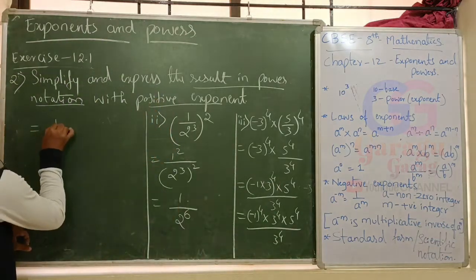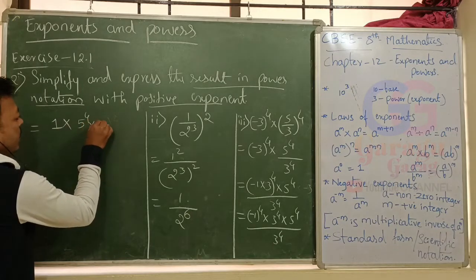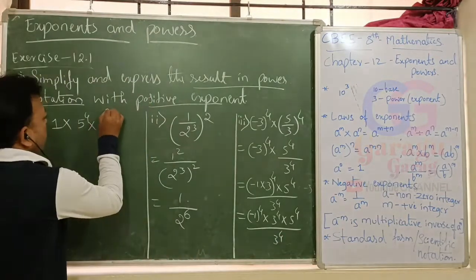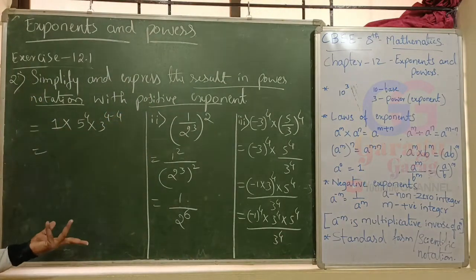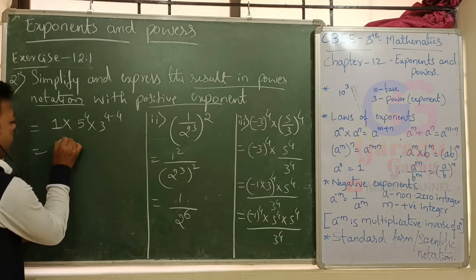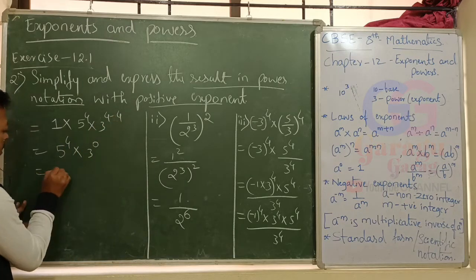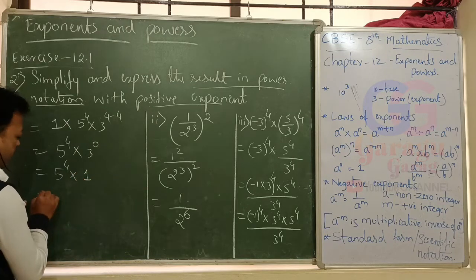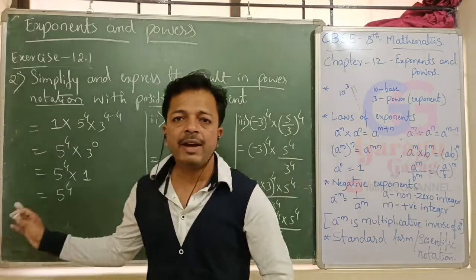So you will get 1 multiplied by 5 raised to 4 into 3 raised to 4 minus 4, since 4 is there in both. 5 raised to 4 multiplied by 3 raised to 0. 3 raised to 0 is 1. So 5 raised to 4. This is the final answer.